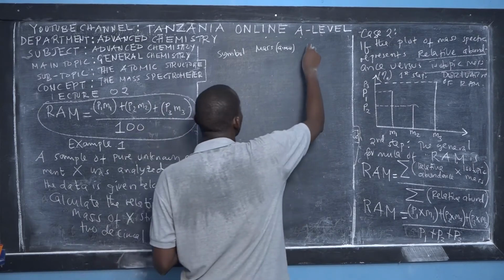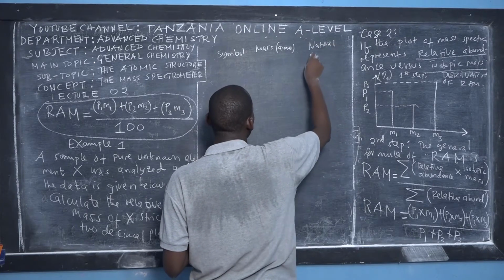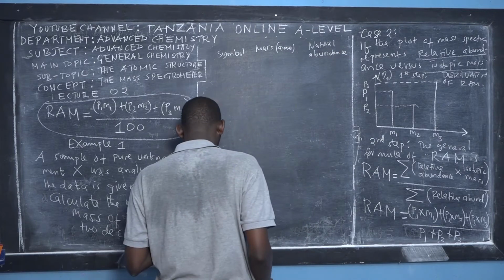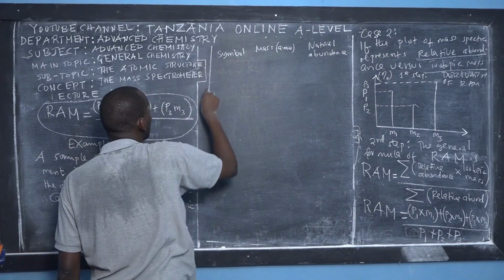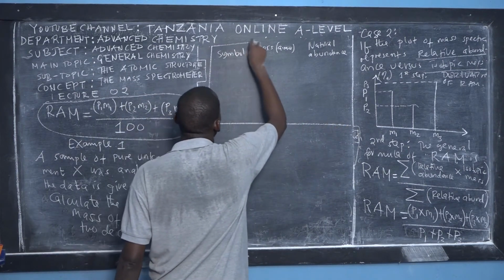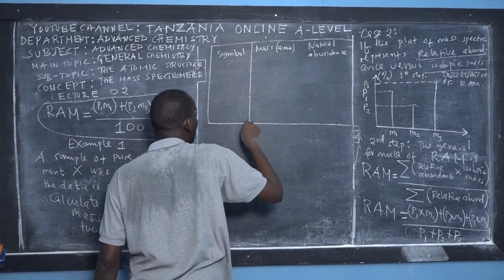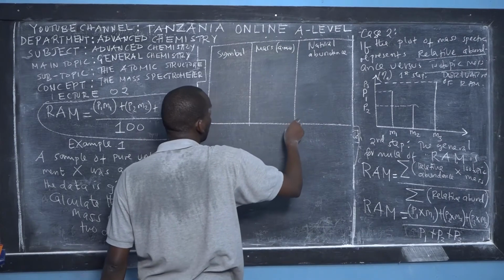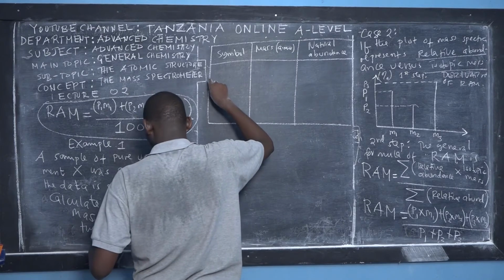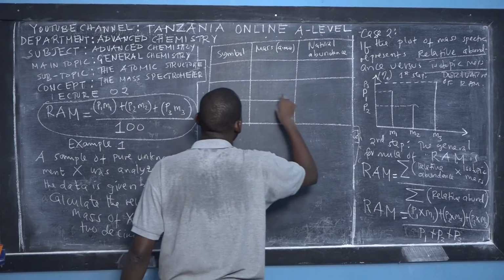This is natural abundance. So here you have the symbol of isotopes, and they'll be given 3 isotopes, so you need 4 rows.